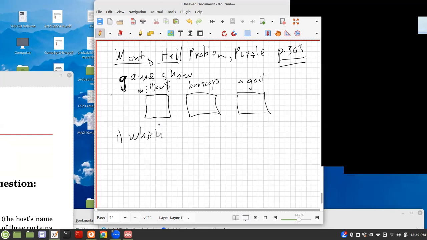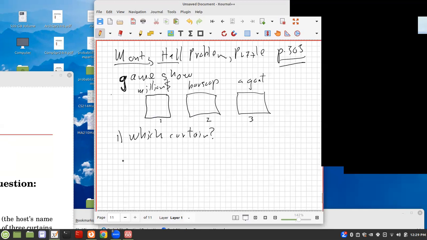which curtain, there's like 1, 2, 3. So they might choose one, or they might choose two, or they might choose three.